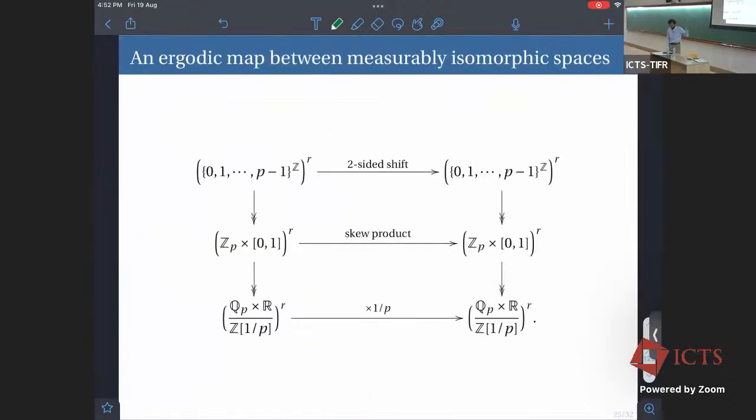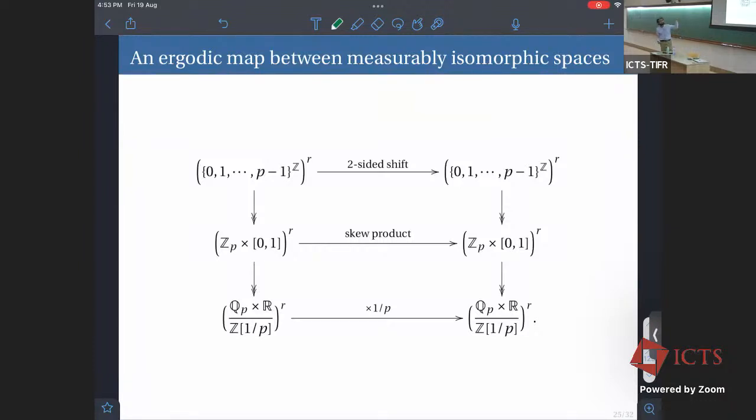So we have the two-sided shift on the Bernoulli shift space, the skew product map on Z_p cross [0,1), and the very simple 1/p map on the solenoid. And if you follow your notes, all these spaces are measurably isomorphic. If you remove a measure zero set, they become isomorphic.